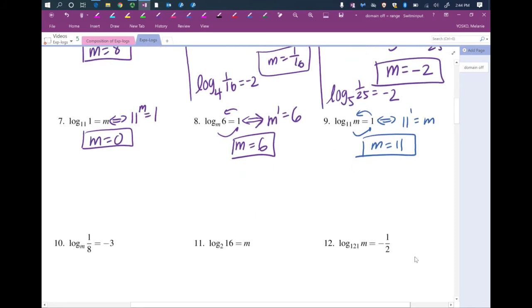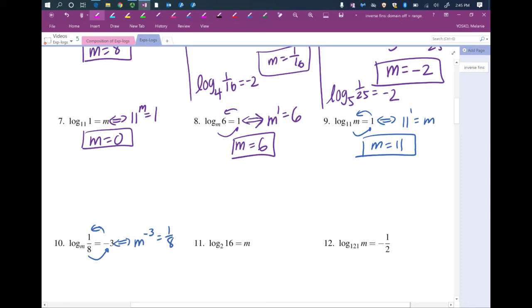So log base m of 1/8 equals -3. Let's rewrite that as an exponential. The base is m, the power is -3, and the output is 1/8. Oh, look. We have a negative power, right? What did we have up here when we had a negative power? One of these was a fraction, one was an integer. So m is going to be just an integer.